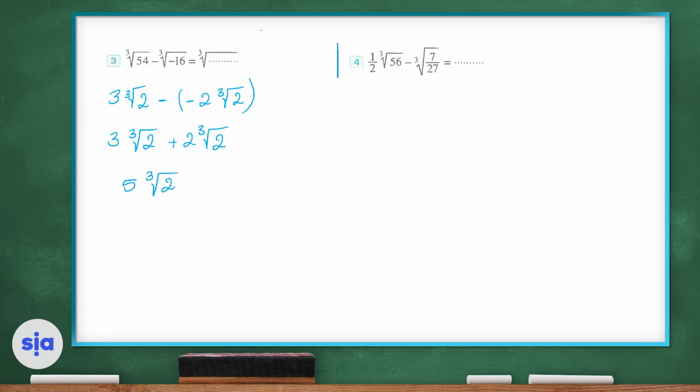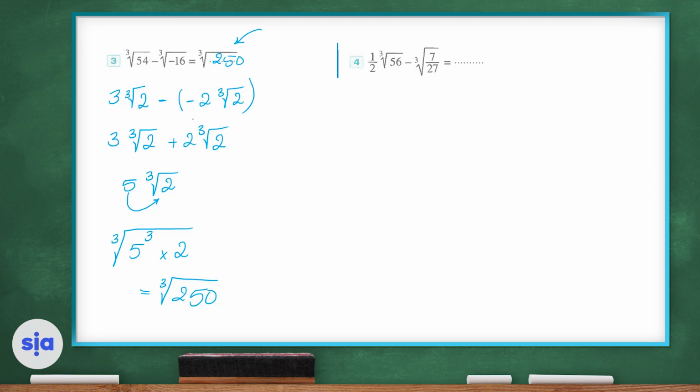But as you can see here in the question, it's only a cubic root, so I need to put this 5 inside the cubic root. The 5 goes inside the cubic root as 5 cubed. And here's the 2 that we already have, so this is a cubic root of 250. So when you complete this, it is 250 under the cubic root.